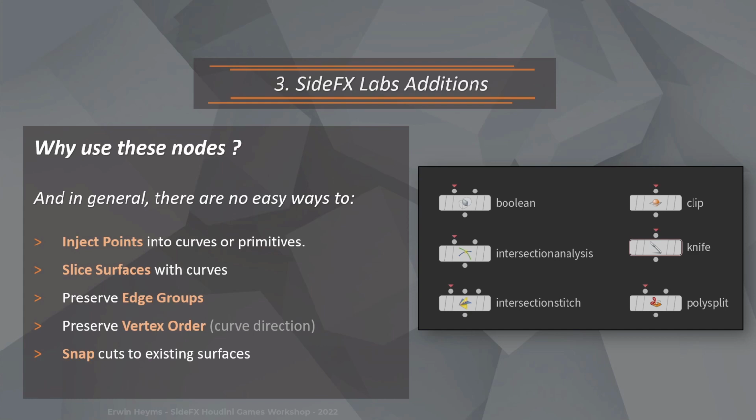Similarly, slicing surfaces with curves is not easily done. We can also often not preserve our edge groups. Edge groups are kind of like a third-rate citizen in Houdini. Lots of nodes do use edge groups. However, they're easily destroyed. And then finally, we have the vertex order, or the curve direction. And like I said, there's no easy way to view that.